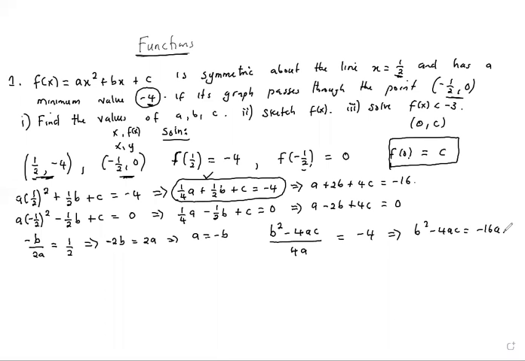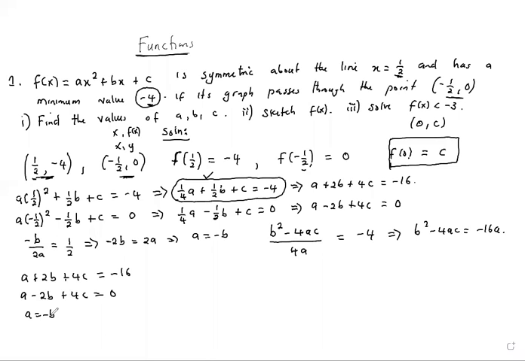Okay, so let's use our equations that we have. We use A plus 2B plus 4C is -16. We also use A minus 2B plus 4C is 0. We also use A is equal to -B.